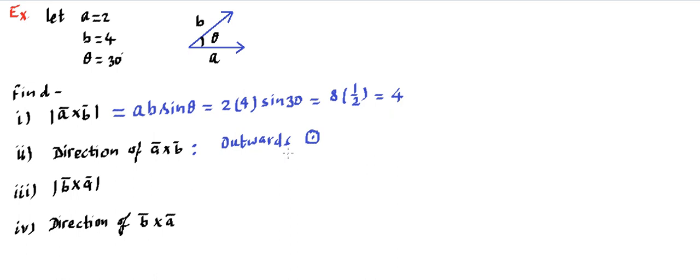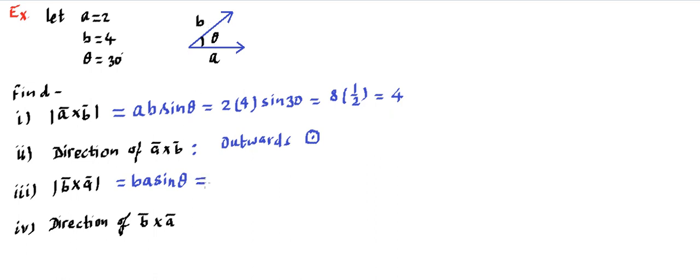Making sense? And the next part is the magnitude of B cross A. That means we are changing the order. If we are changing the order, we will be using the same formula: magnitude of first vector, magnitude of second vector, into sine of the angle between the two vectors. Whether you see theta as the angle between A and B or B and A, both are the same thing.